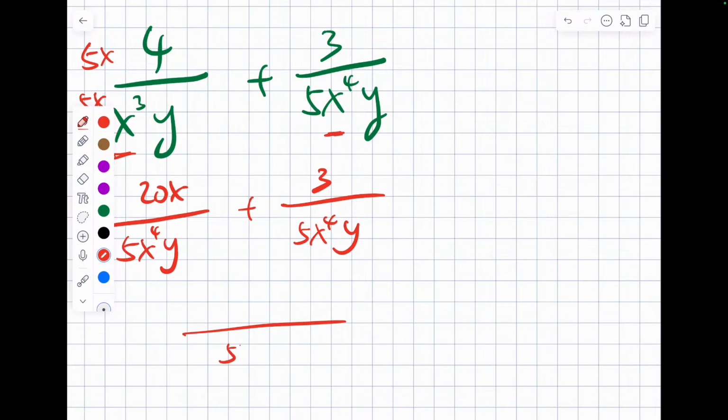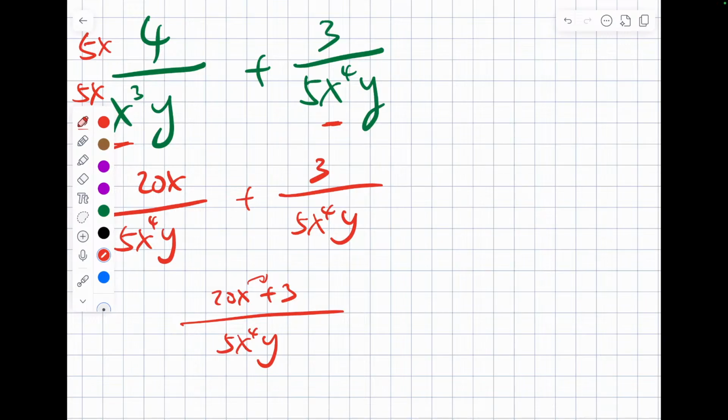It's just going to be 20x plus 3 over 5x to the 4th y. There's nothing you can simplify with the x, because it's connected to the 3 by addition. It's not multiplying the 3. So you cannot cancel the x and x. You cannot simplify that.